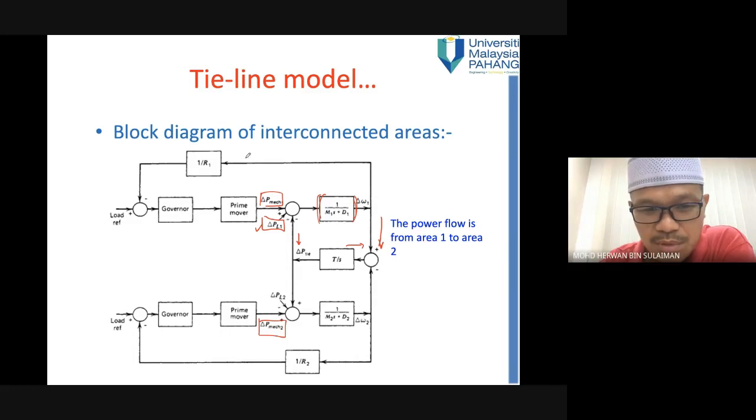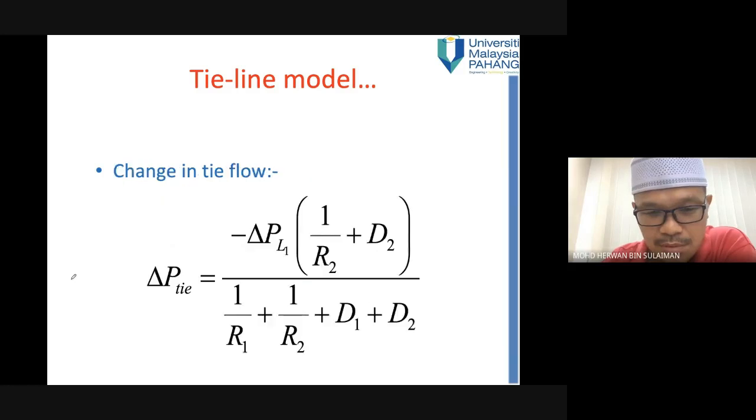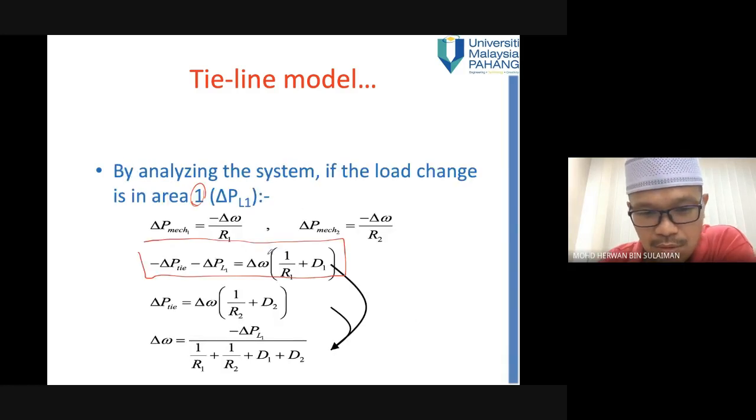So this one is that minus delta P tie minus delta PL is equal to delta omega times (1 over R1 plus D1).